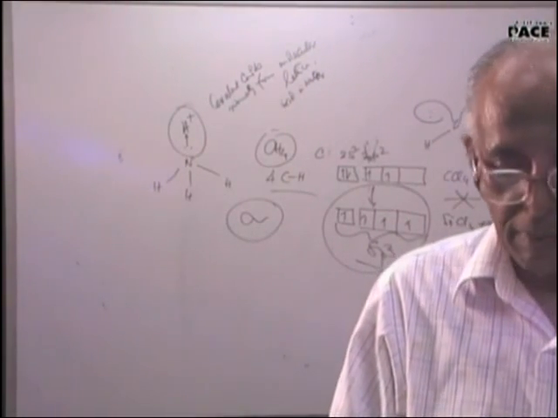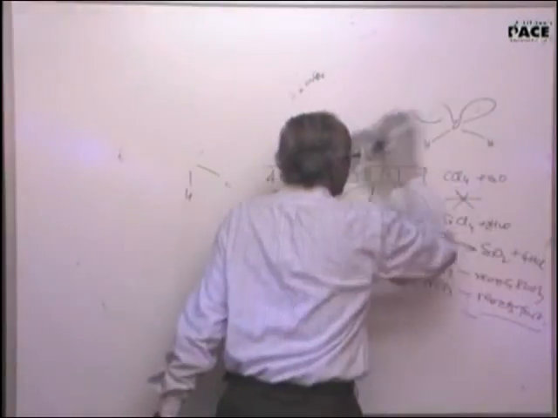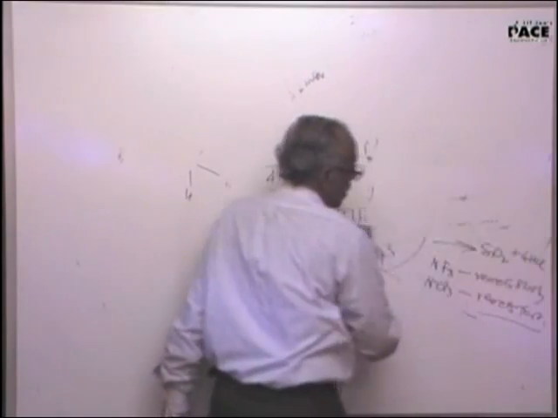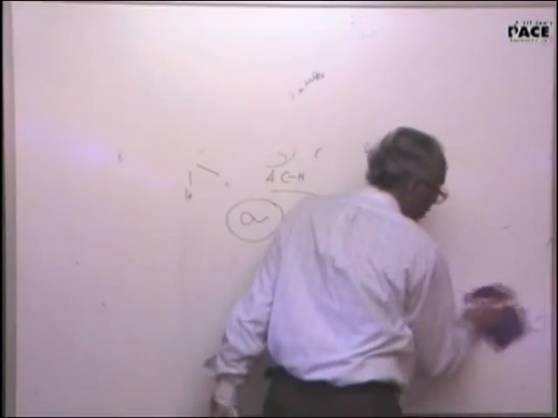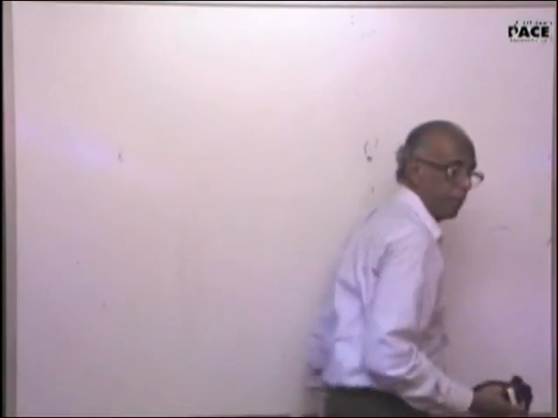Now we go to transition elements. In the JEE syllabus, only the first transition series elements are included. And when I classified the elements, I gave you some idea about transition elements. The elements in which the penultimate d orbital is being filled are called transition elements.